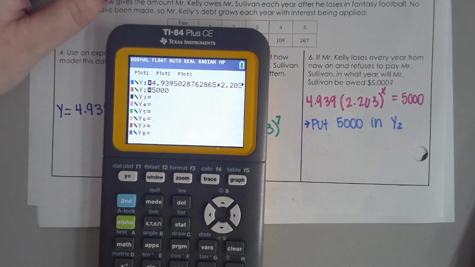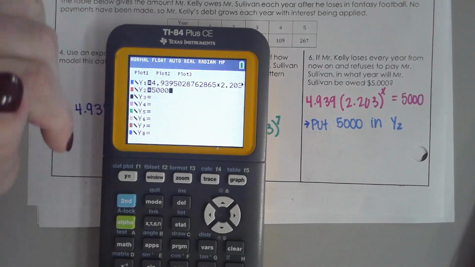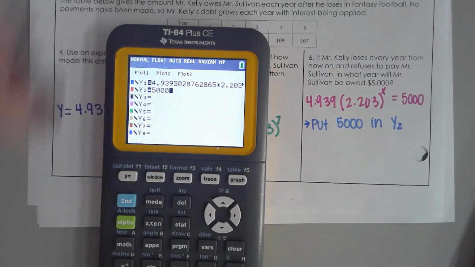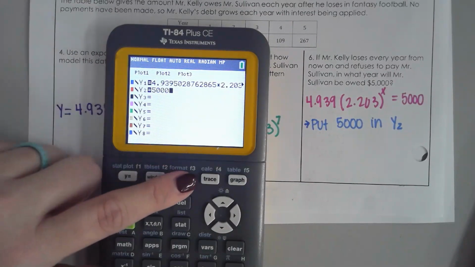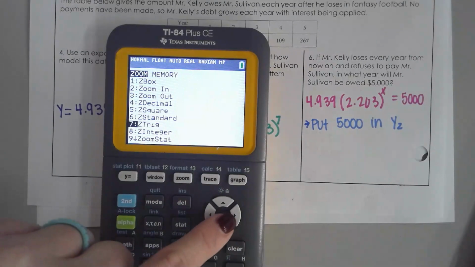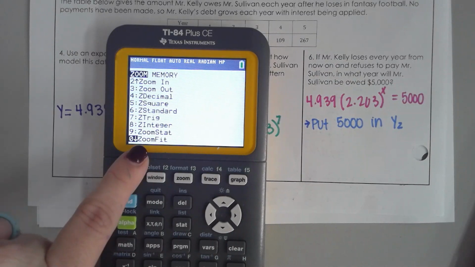And we're going to graph it, but if you hit graph right now, you're not going to see this second line because it's at 5,000 and our window goes to 10. So we have to change the zoom, and if you go down to 0, ZoomFit.